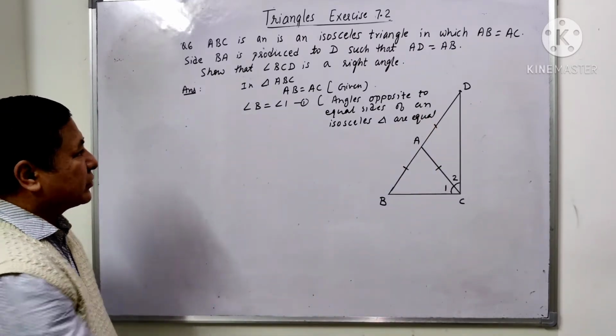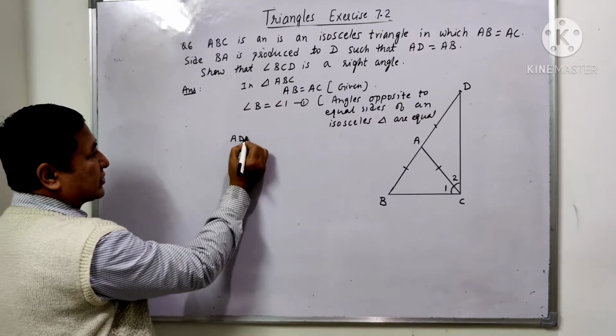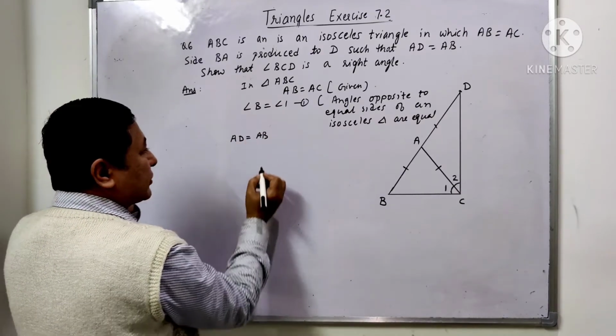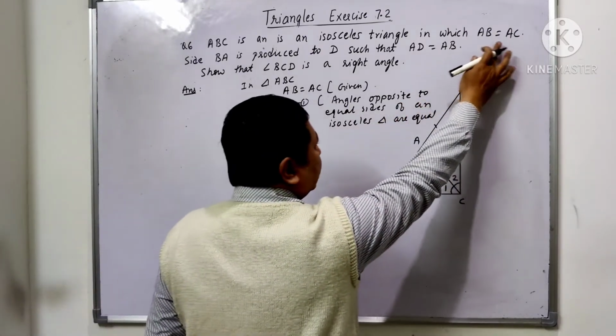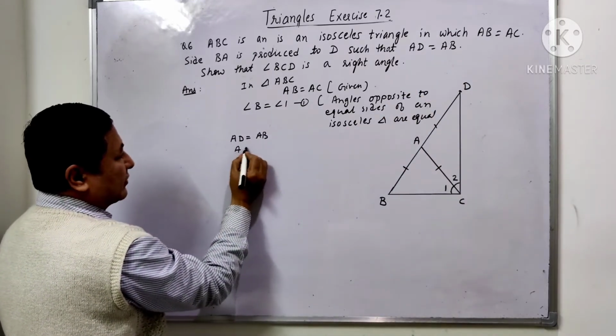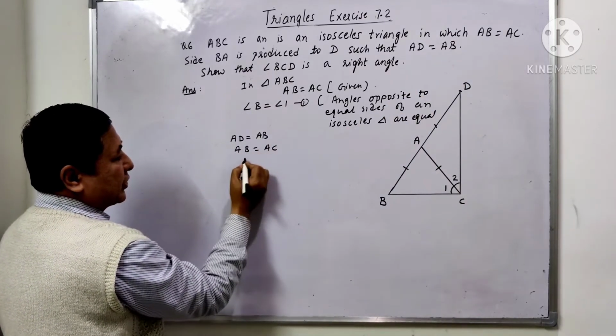Now it is given in the question that AD is equal to AB, and also AB is equal to AC.